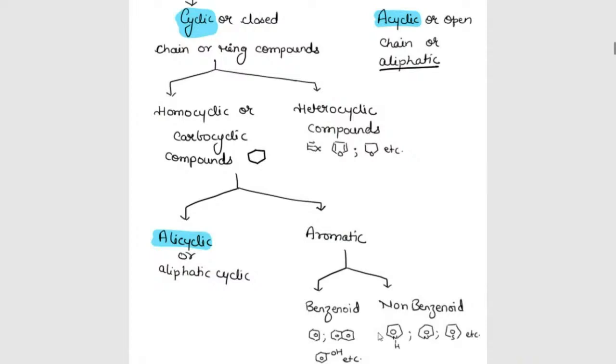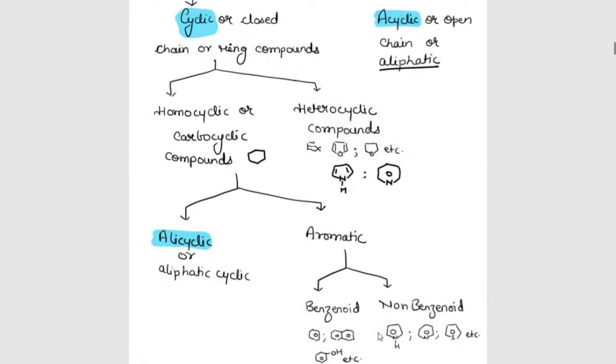It should be completely of carbon, otherwise, it should not be of any other atoms involved. Heterocyclic is definitely having something which is not carbon. See in the loop, I have exemplified with oxygen, with furan, with tetrahydrofuran. You can have pyrrole here. You can have pyridine here.